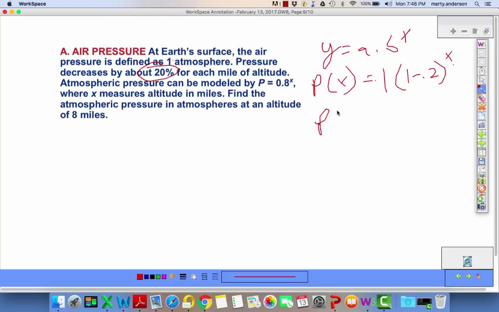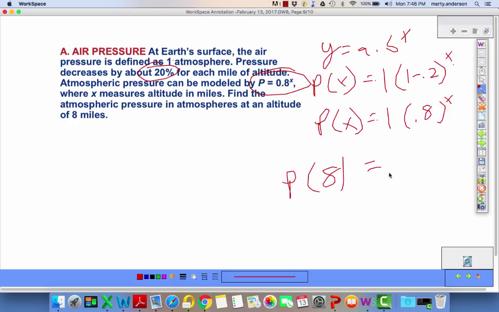This is a little recap of what we did the last couple of days. 0.8 to the x. They gave it to you. x is in miles. Find the atmospheric pressure in atmospheres at an altitude of 8 miles. This is just 0.8 to the 8th. Can you do 0.8 to the 8th on your calculator? I hope so.